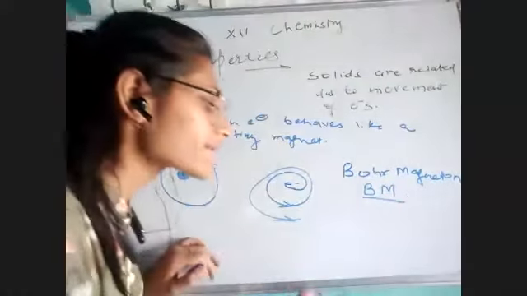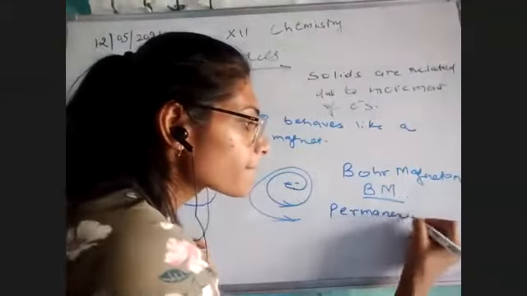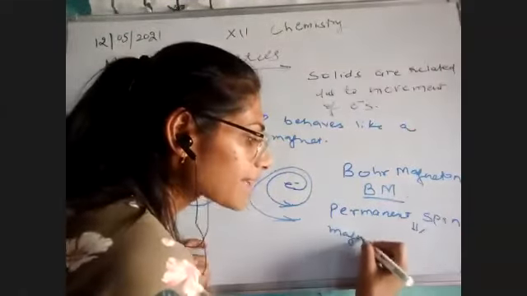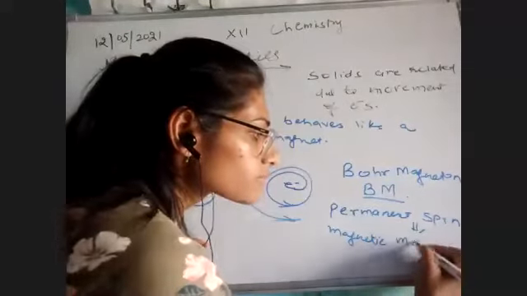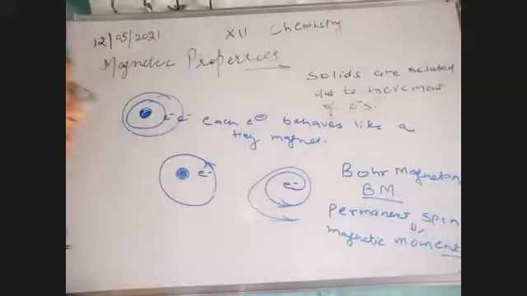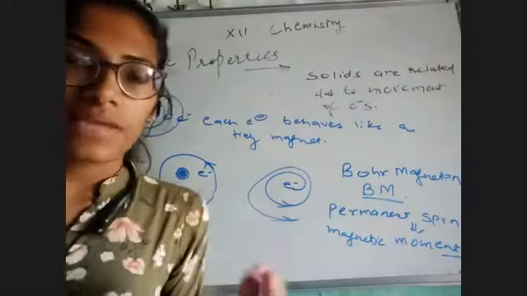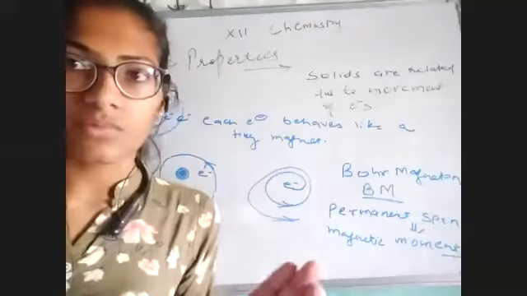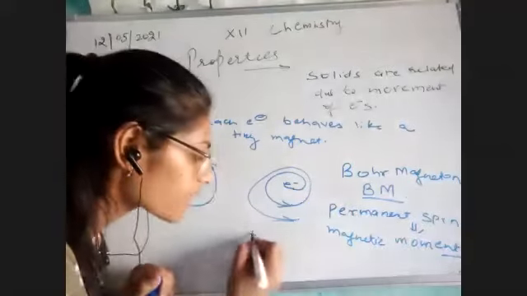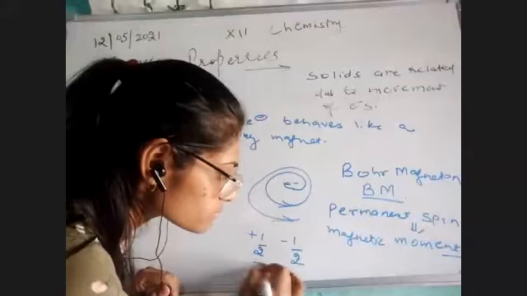I'm saying that the electron has a permanent spin, so a permanent spin creates a permanent magnetic moment. You studied this in 11th class: electrons spin in two ways, +1/2 and -1/2.